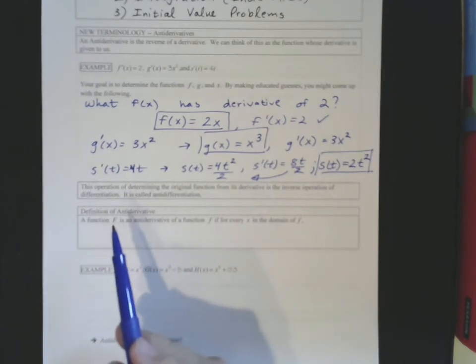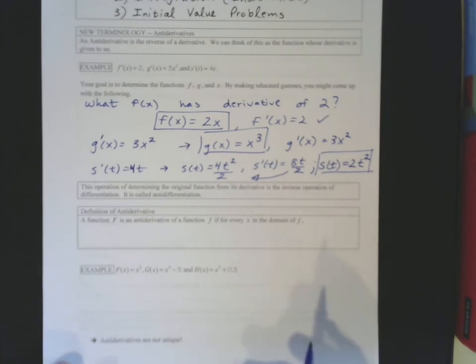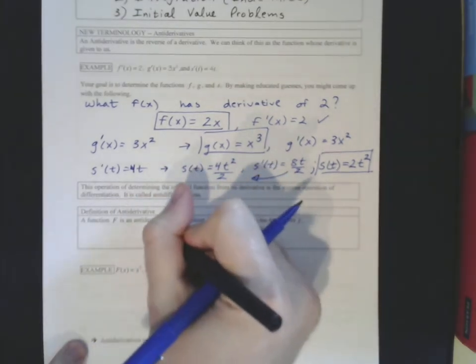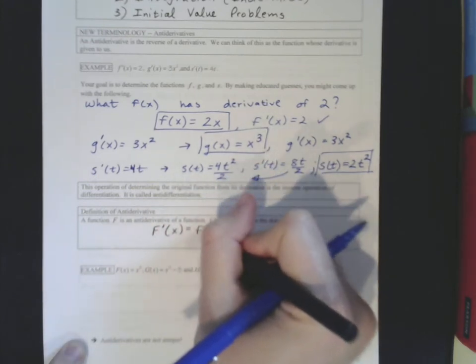A function, capital F, is an antiderivative of little f if for every x in the domain of little f, capital F prime of x is equal to little f of x.